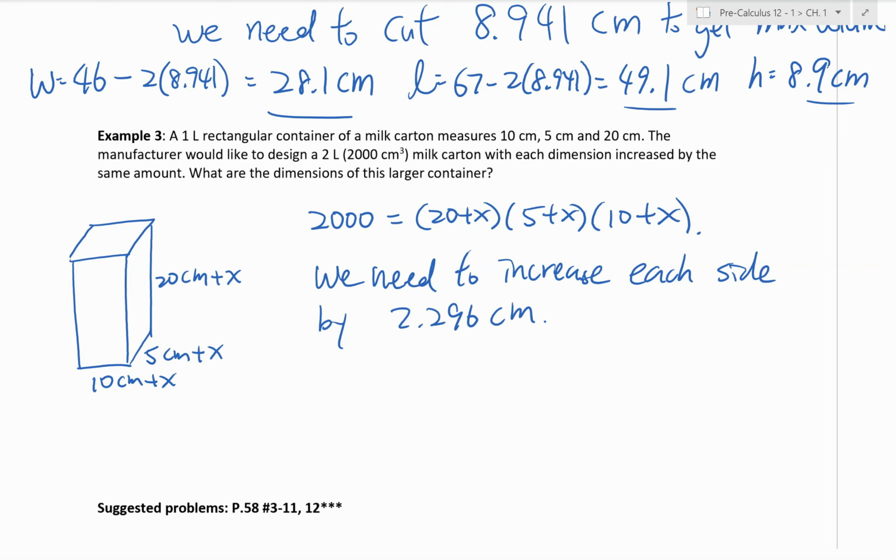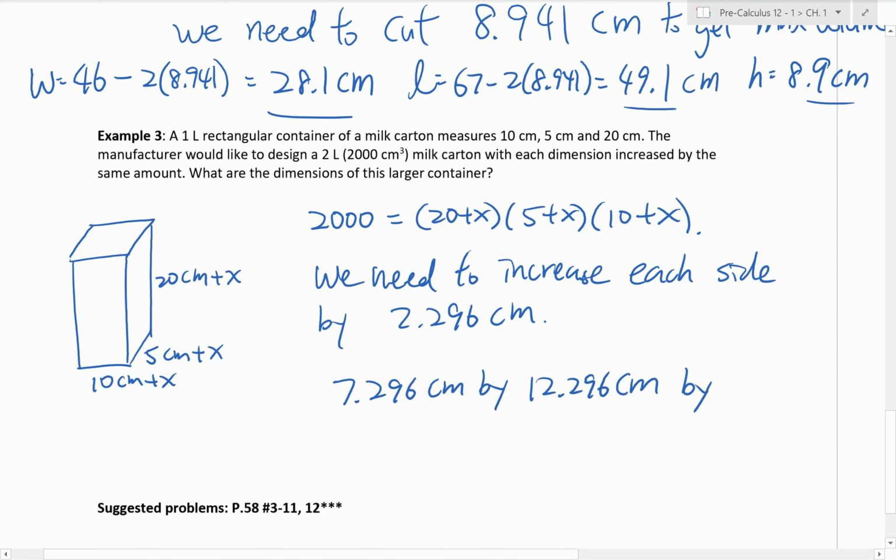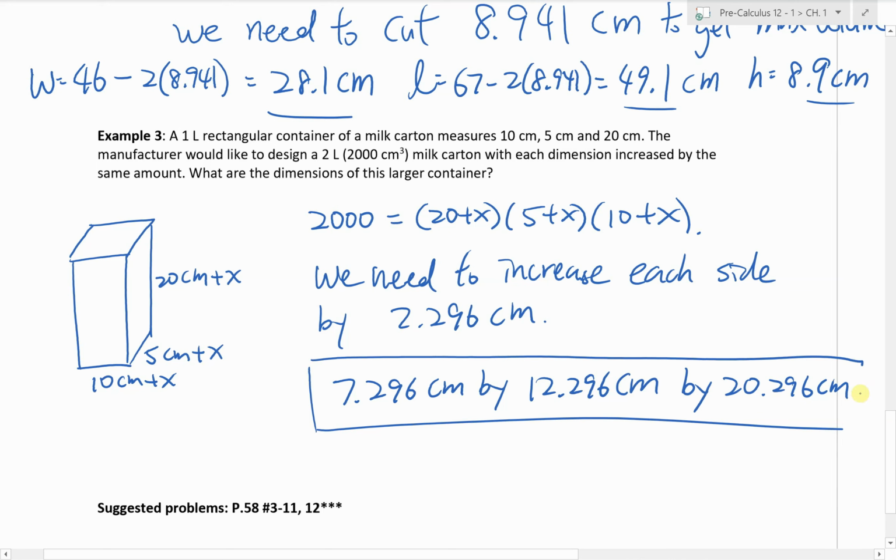It's going to be 5 plus 2.296, so 7.296 centimeters by 10 plus 2.296, so that's 12.296 centimeter by 20 plus that, so 20.296 centimeter. This would be the size of the new larger container. That will be 2000 cubic centimeter or 2-liter milk carton.